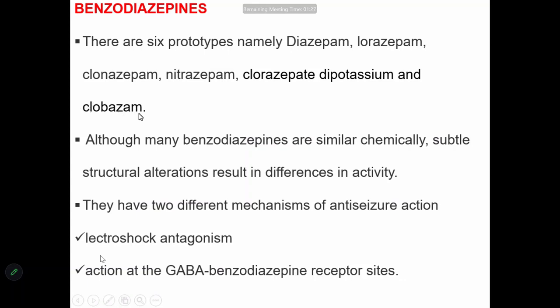Seizures which occur during the menstrual period are called catamenial seizures. Clobazam is used a lot. Clonazepam is an alternative to diazepam and can be used for the management of refractory seizures. I want us to stop there unless there's a very urgent question.